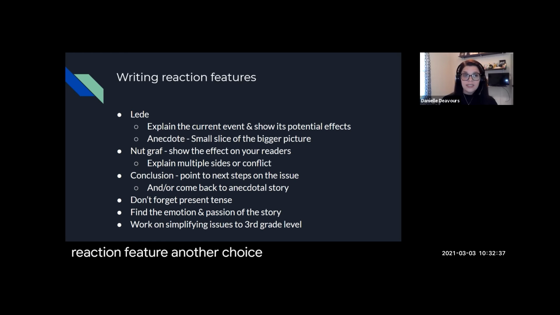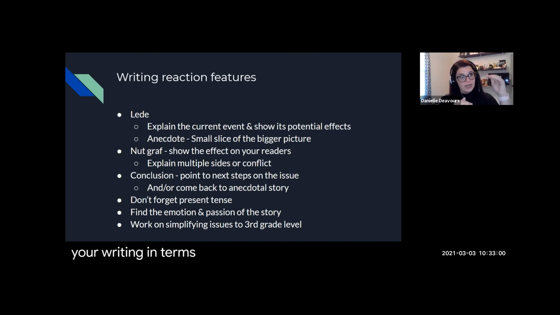Another choice of lead style would be an anecdote lead, which shows a smaller piece of the puzzle to explain the larger issue. For example, showing the victim and his family to explain why this bill is necessary. Those are the two primary lead styles that I would suggest for your writing.